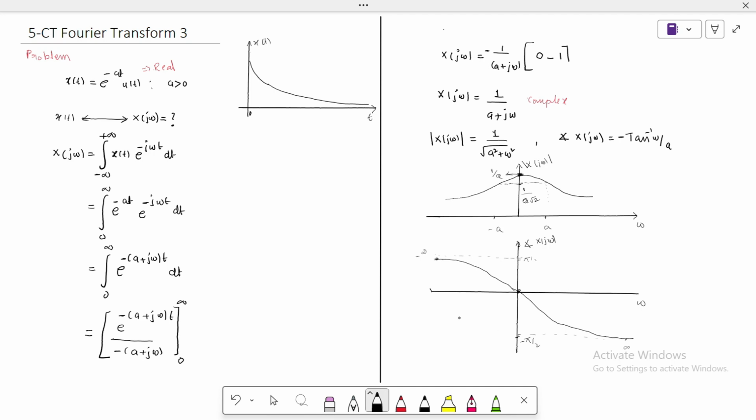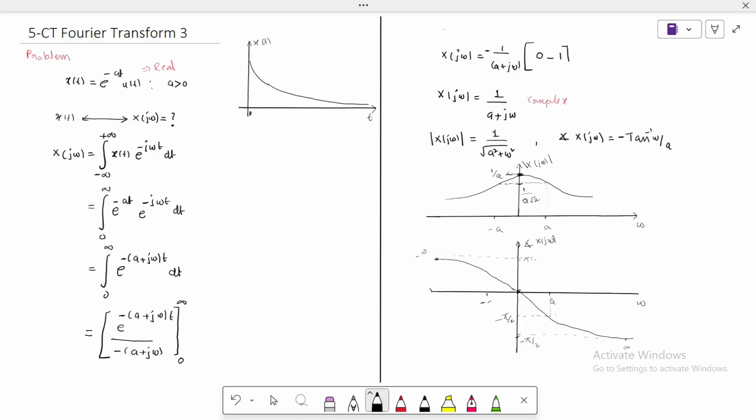At omega equal to a, a gets cancelled, tan inverse 1, so the phase value equals minus pi by 4.